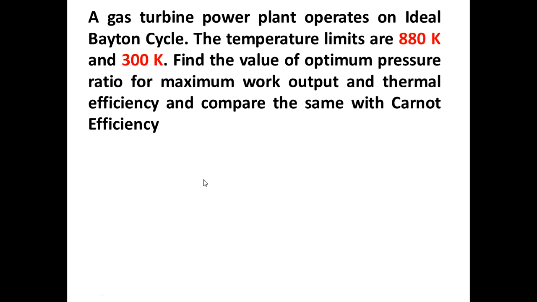A gas turbine power plant operates on an ideal Brayton cycle. They are telling that it is an ideal Brayton cycle. The temperature limits are 800 Kelvin and 300 Kelvin. Please write down this problem.